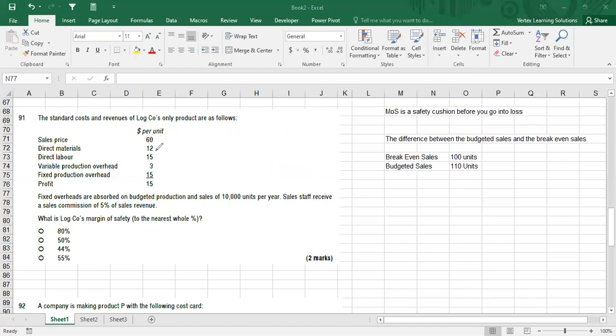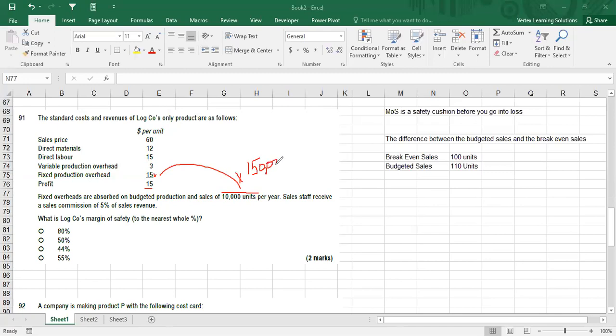Sales price 60, material 12, labor 15, variable overhead 3, fixed production overhead 15, profit 15. Fixed overheads are absorbed on budgeted production and sales of 10,000 units per year. So your fixed overheads are put here as $15 per unit, but they are based on 10,000 units. When you multiply it, your fixed overheads per year are actually 150,000.